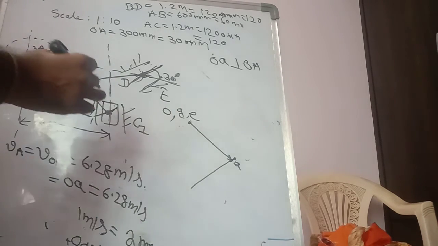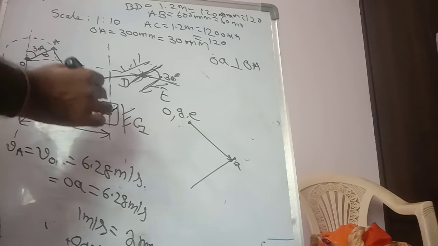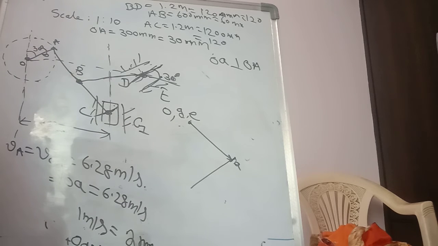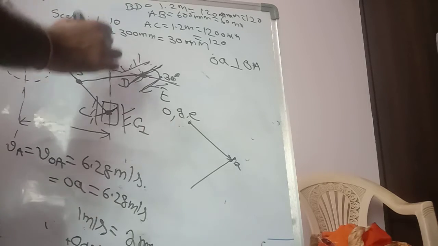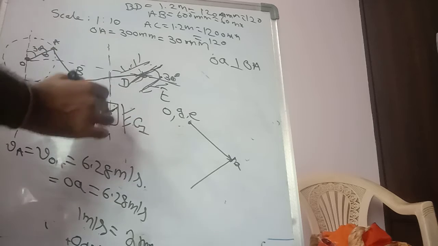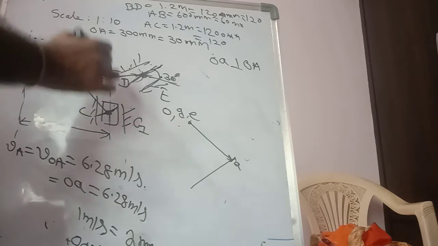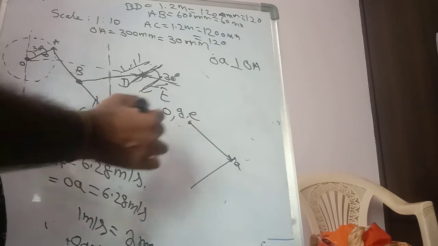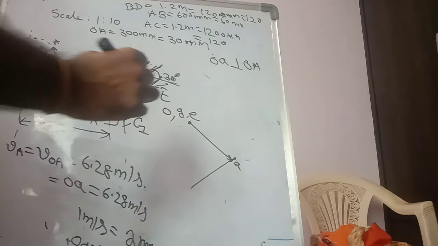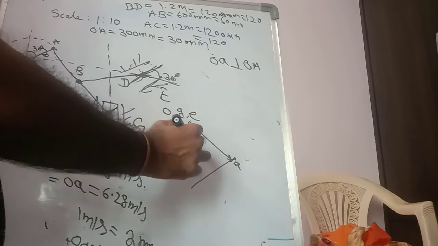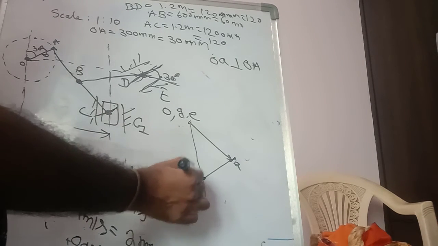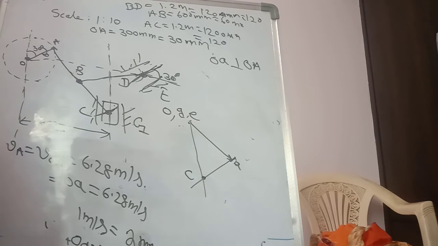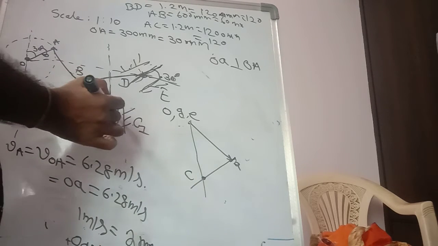And because G is a vertical slider, always for sliders we will take the actual direction. So G here moves in the vertical direction. So you have to draw a vertical line from G. The intersection point is C, because C is connected to the slider G.